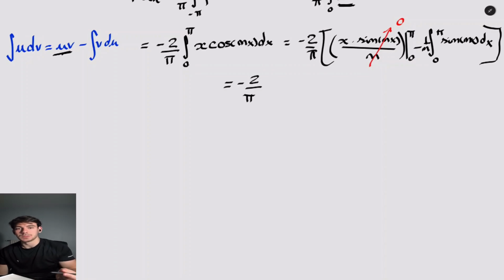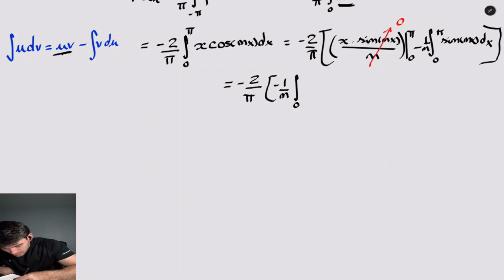Sine of pi equals 0, sine of 0 equals 0, so it doesn't matter. This whole term equals 0. And we'll only have minus 1 divided by n, and we're integrating from 0 to pi sine of nx dx.